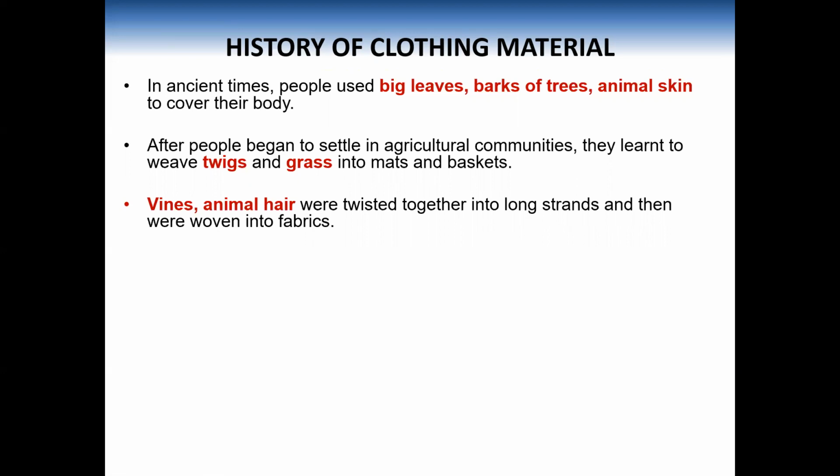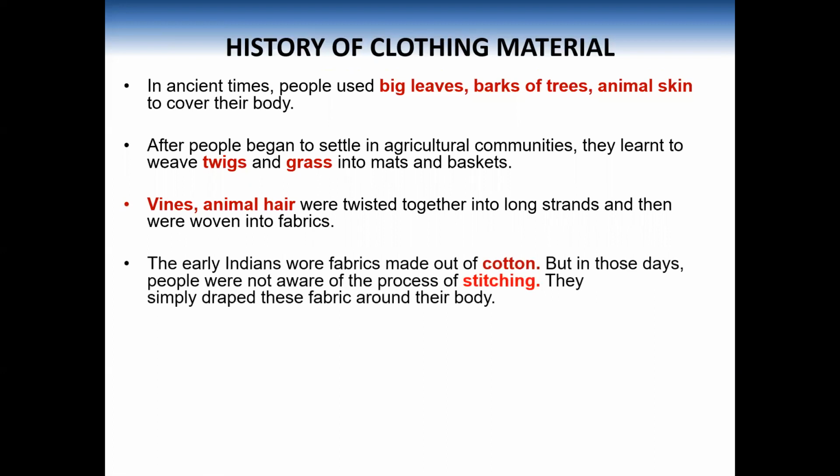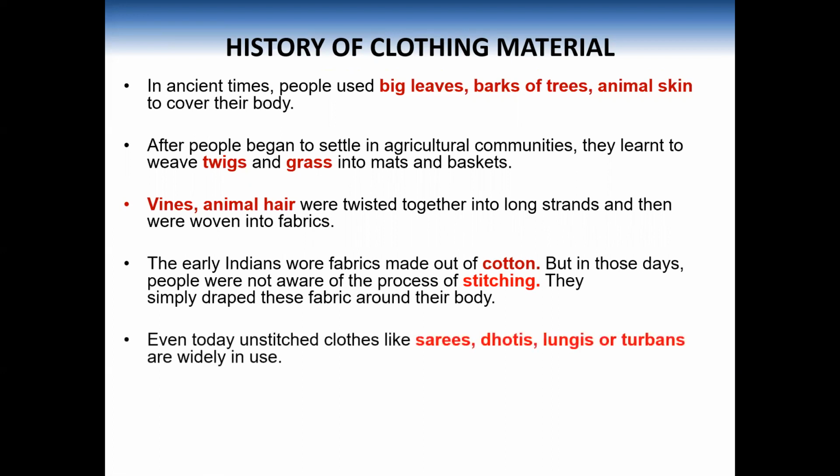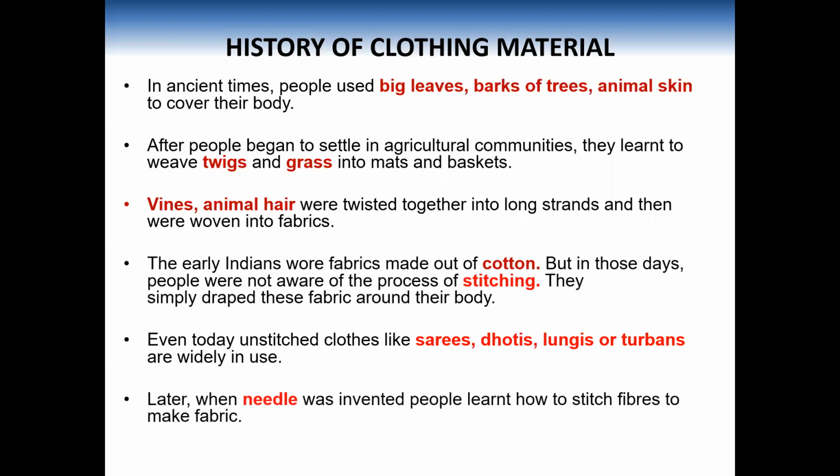Vines are the delicate stems of a plant. The early Indians wore fabrics made out of cotton, but in those days people were not aware of the process of stitching. They simply wrapped the fabric around their body. Even today, unstitched clothes like saris, dhotis, lungis, or turbans are widely in use. Later, when the needle was invented, people learned how to stitch fabric.